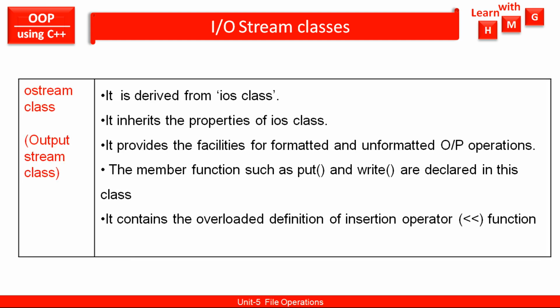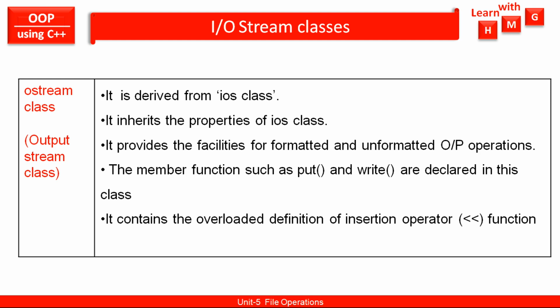The next class is the OStream class, that is the output stream class. It is derived from the iOS class, and again it inherits the properties of the iOS class. It provides the facilities for formatted and unformatted output operations. So output operations can be performed in formatted as well as unformatted formats, and both are provided by this OStream class. Member functions such as put and write are declared in this class.